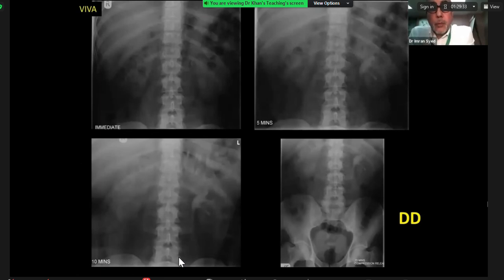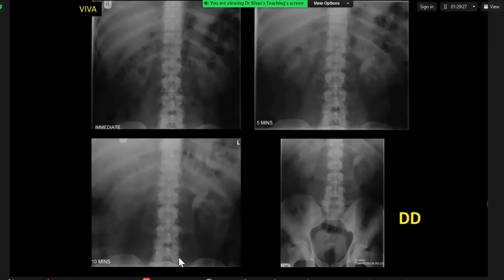please talk me through what you see here. Okay, so on these selected IVU images, just working through them, on the immediate film I cannot see any definite contrast opacification.